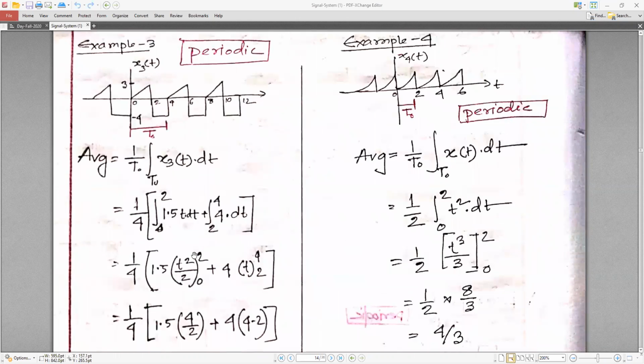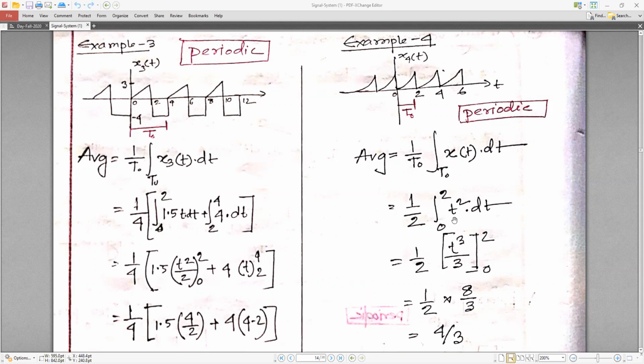Now see another example, that is example number 4, periodic and non-periodic. See, this is also periodic, this one also periodic. So 0 to 2 is one period. Average, 1 by 2, equals to ET, so 0 to 2, t squared dt. Half, if we put the value here, 2, t squared, periodic.